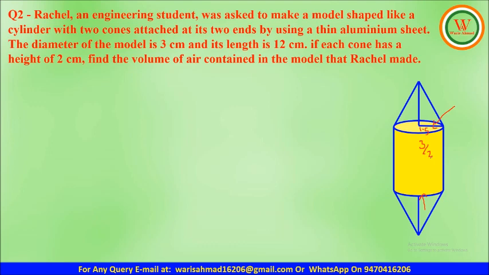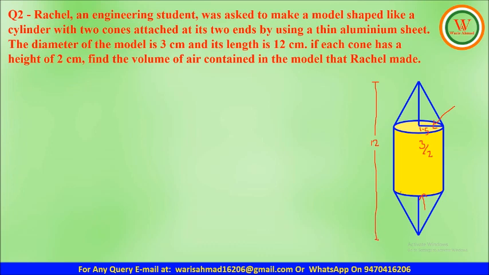Next line of the question, and its length is 12 centimeter. The total length of this model is 12 centimeter, means from top to bottom the total length is given 12 centimeter.